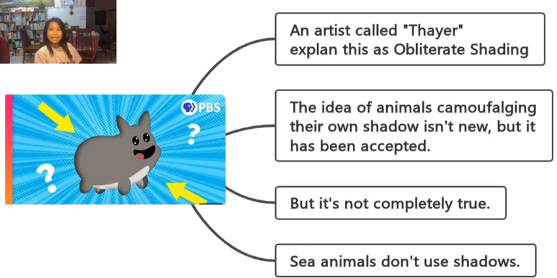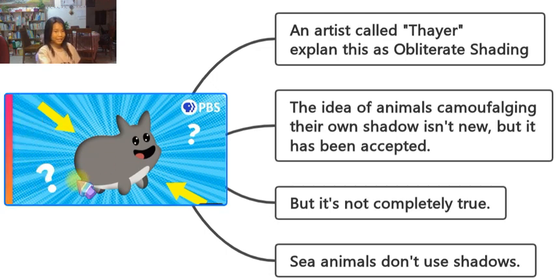So he said, when you are drawing a 3D picture, like in real life, then you will need shadow. Shadow is the main key to three-dimensional shapes. And if there's no shadowing, then that means it's just a two-dimensional shape. So at that time, Thayer explained that imagine there's a kind of animal that looks like this, right?